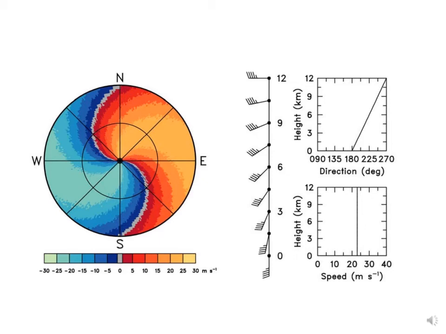So if you look immediately at the south, close into the radar, we have the strongest radial component in the north-south direction. It's moving from the south to the north.